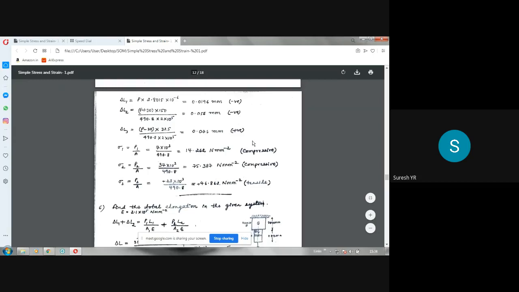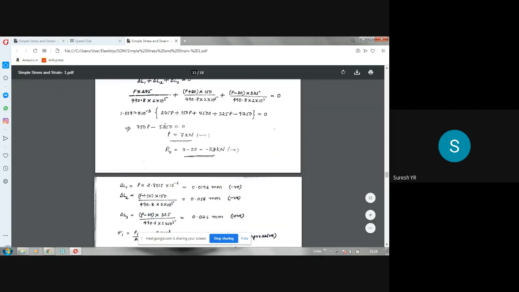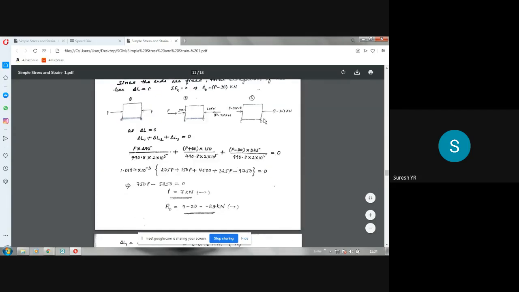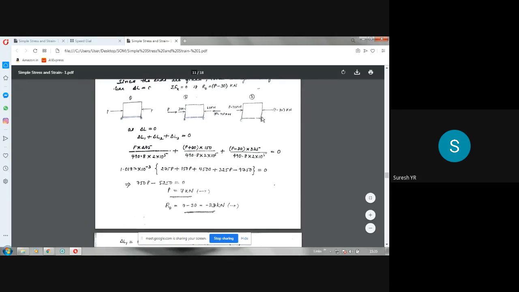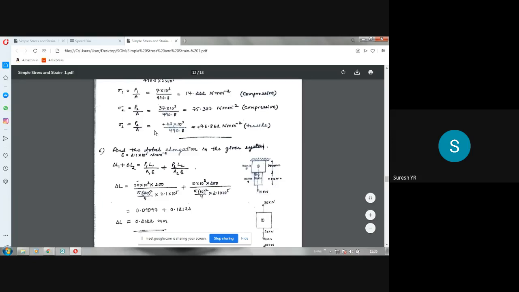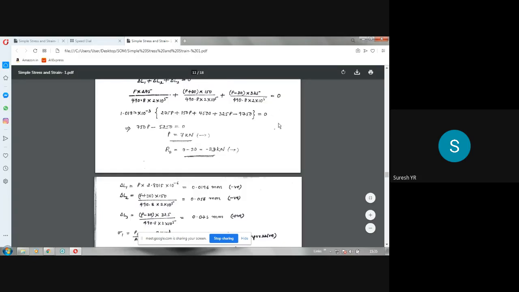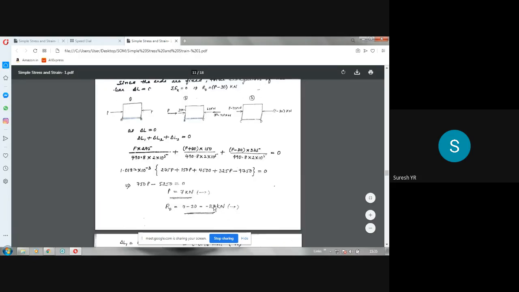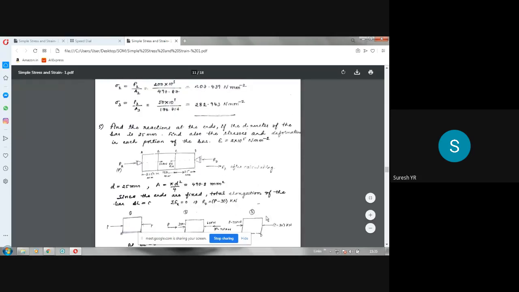Now coming to the third portion. What has happened here is this P minus 30 becomes minus 23 now. Minus 23 means it is subjected to a tensile force. So the third portion is subjected to a tensile force of 23 kilonewton.